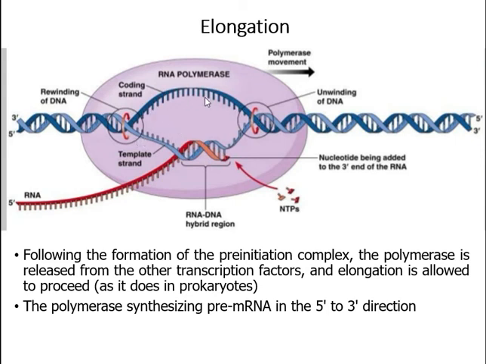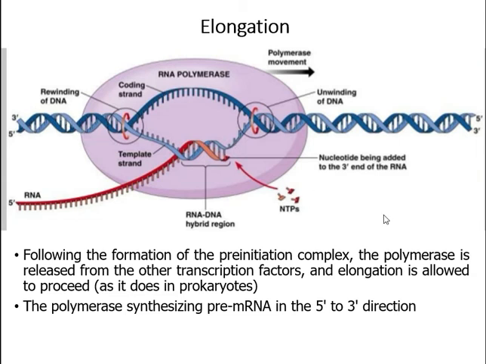Just as in prokaryotes, the RNA polymerase is synthesizing pre-mRNA in the 5' to 3' direction. This is the mRNA formed, and this is the template in the 3' to 5' direction. Complementary to this template is the mRNA produced. So that is all about elongation.